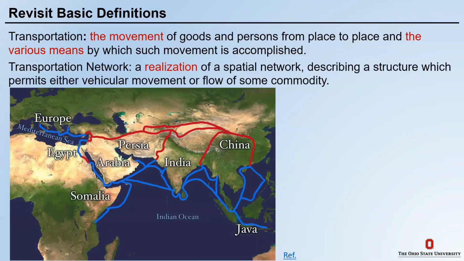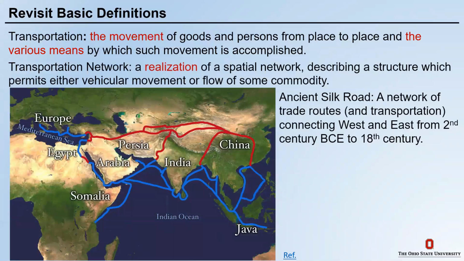So here is an example of a transportation network. I believe some of you know what I'm trying to show here. It's an Asian transportation network called the Silk Road. It's a network of trade routes and transportation connecting West and East from the 2nd century BCE to the 18th century.